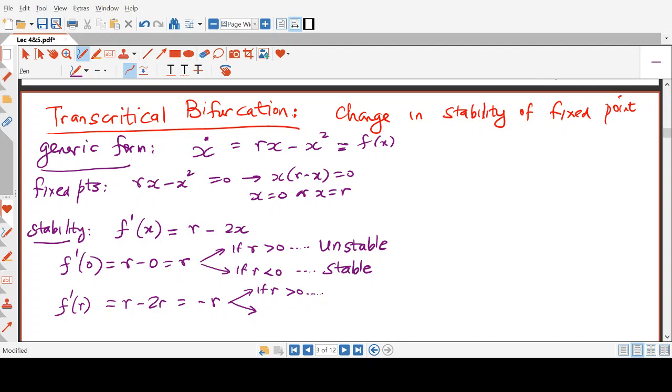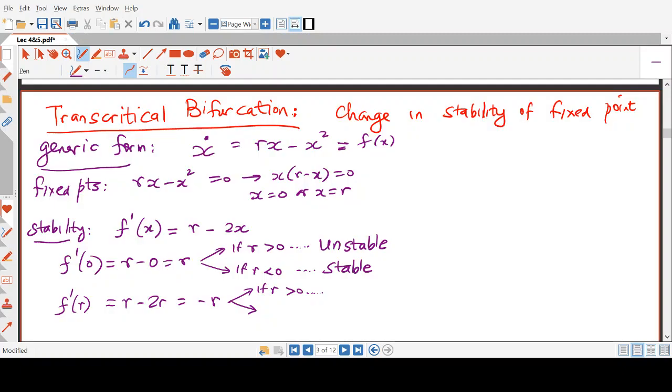Stable or unstable? If r is positive, minus r is negative. Negative means stable. So it will be stable. And of course, if r is negative, it will be unstable. So you see there's a change in the stability at the requisite point.